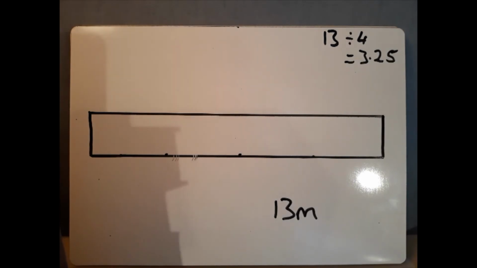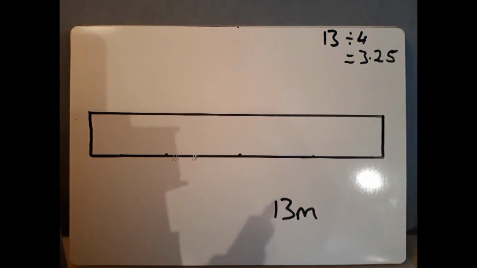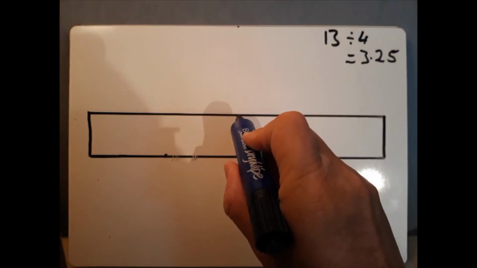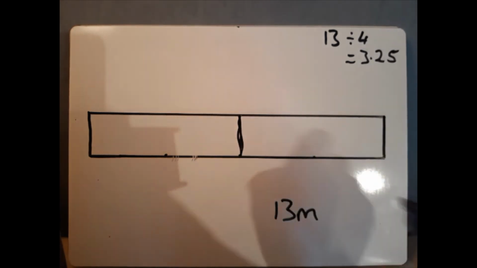And this piece of wood is going to be cut into 4 equal parts. So if we do that, what is half of 13? There's half. What's that going to be on each side?